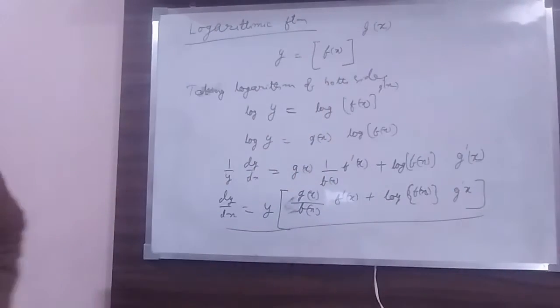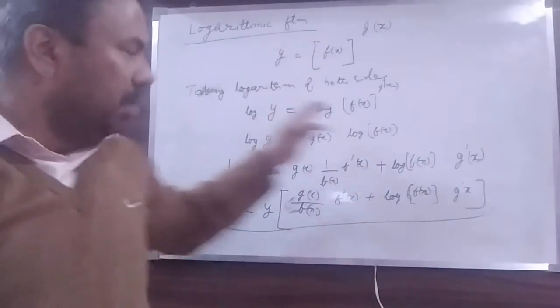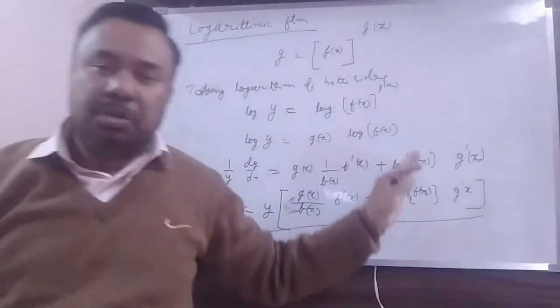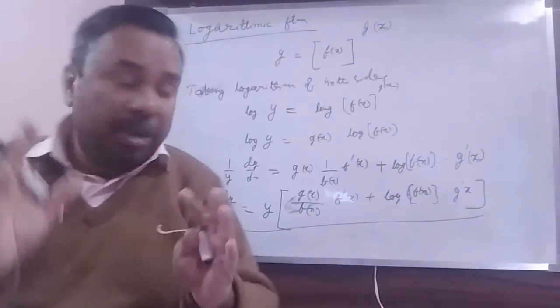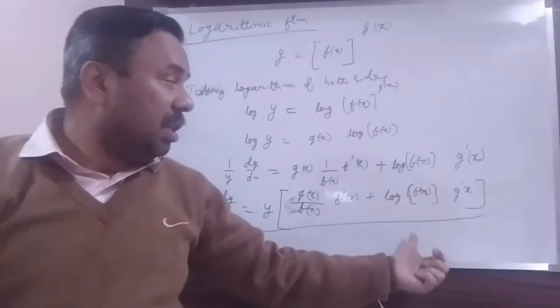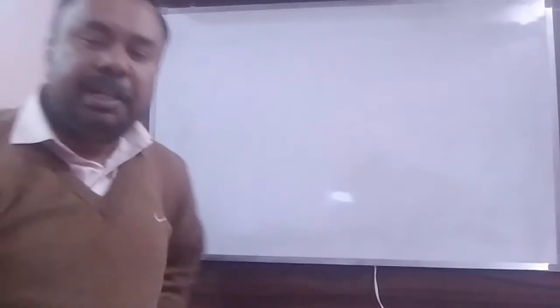So this is the way that I have to find it. Now I will take one or two examples for this, so that it can be better understood by you. So just remember this, this is the base that we have to follow. Okay, let's take an example.